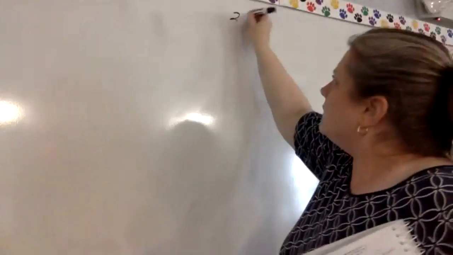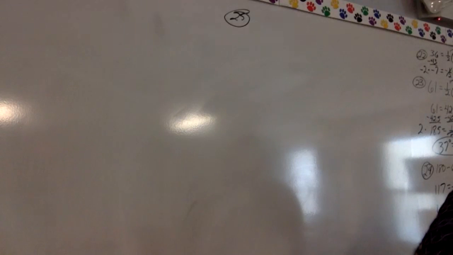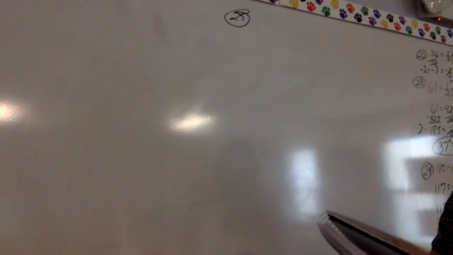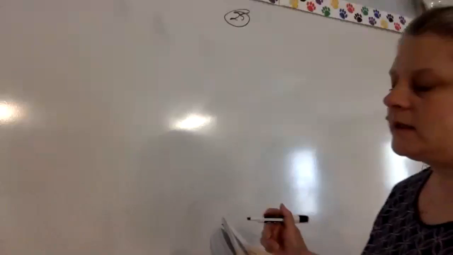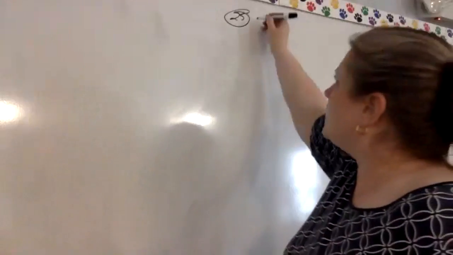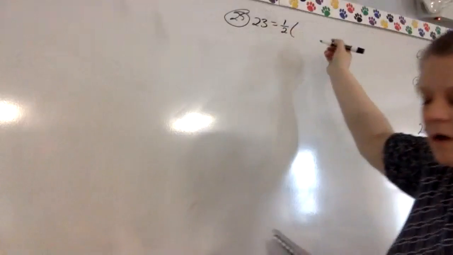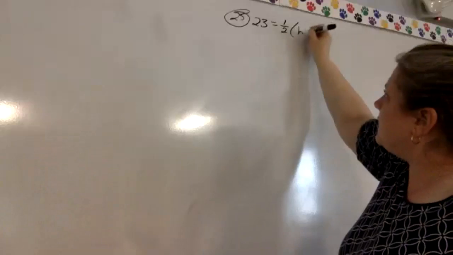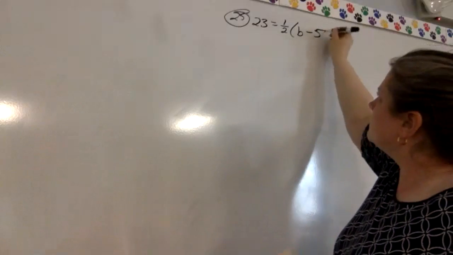Let's go right here. Number 25. Are we looking inside or outside the circle? Outside. The angle's outside the circle, so I subtract. So I have 23 degrees. 1/2 the big arc, which is the B, minus the little arc, which was 56.